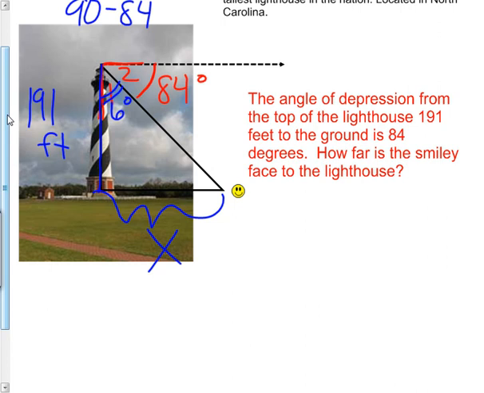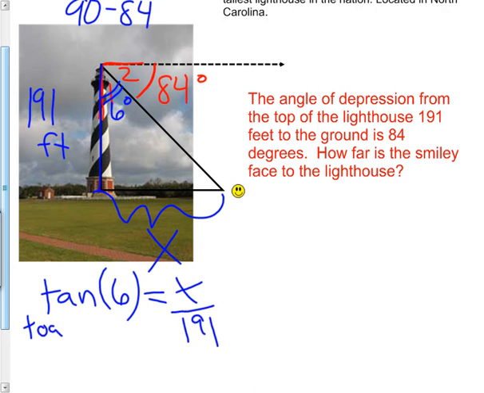Am I using 6 degrees or 84 degrees to solve this? 6, good. I like to hear that. So we can say that tangent of 6. Notice these are like the triangles we've been working with, trig triangles, and we're just solving them the same way. And tangent is TOA. So opposite over 191. Did anyone get that far? And then to undo this, we say tangent of 6 degrees times 191 is equal to x.